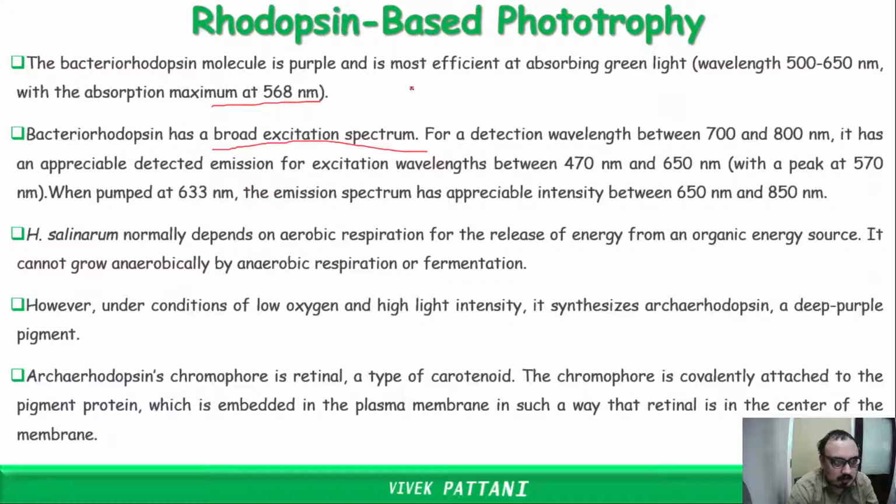It means it can absorb the spectrum in wider ranges. One example is Halobacterium halobium, which normally depends on aerobic respiration for the release of energy from an organic energy source, and it cannot grow anaerobically by anaerobic respiration or by fermentation.